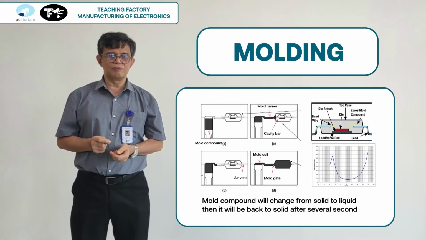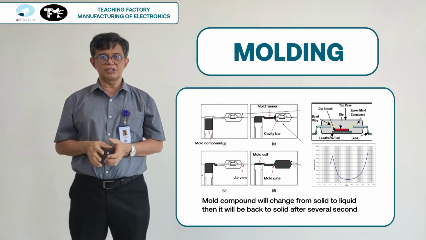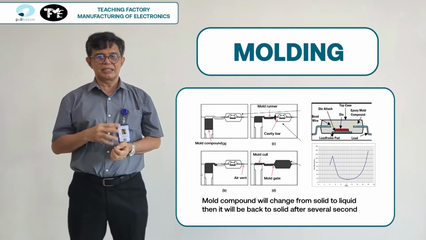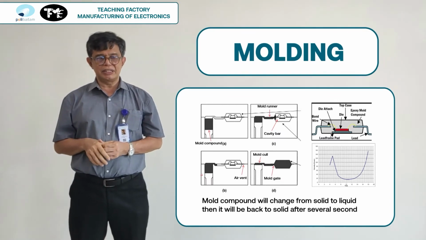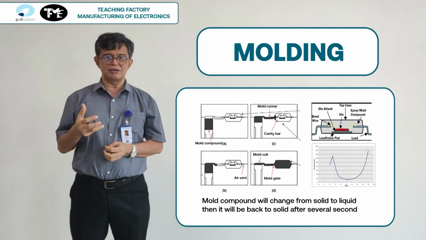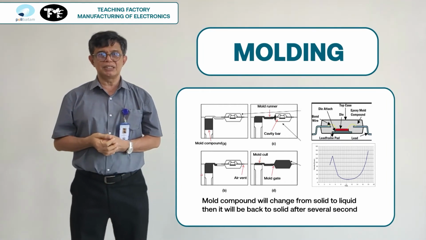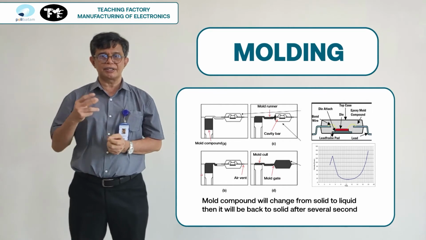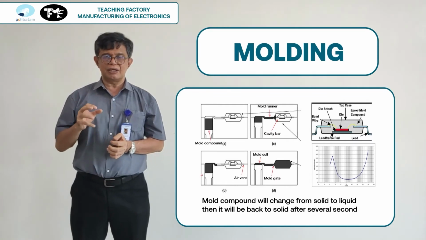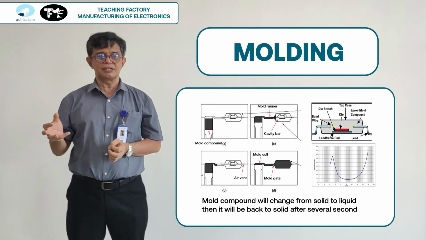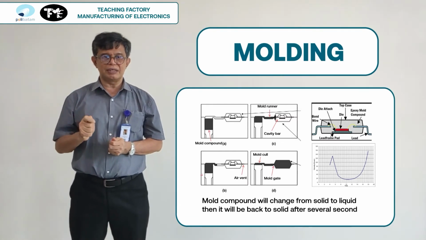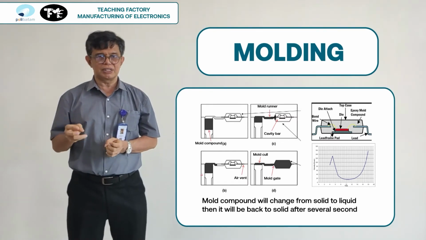After that we move in the mold compound. We push the mold compound into the cavity. This also has to be controlled, because the time is very critical: after it melts, the mold compound will harden again after several seconds. That's why we move the mold compound to the cavity within several seconds.